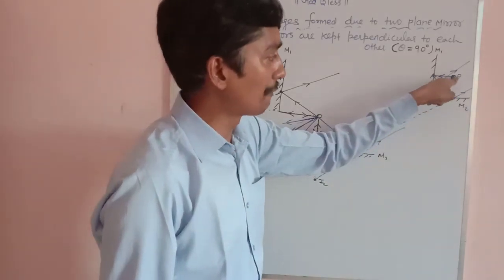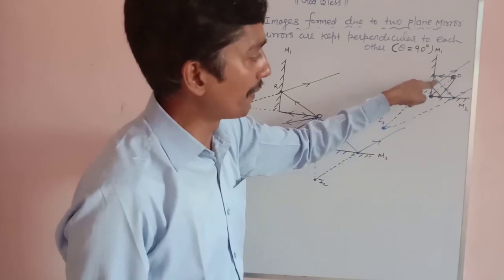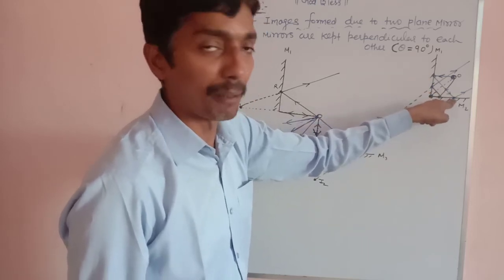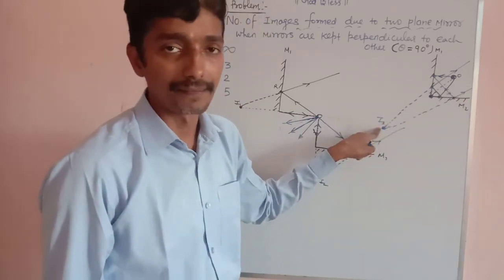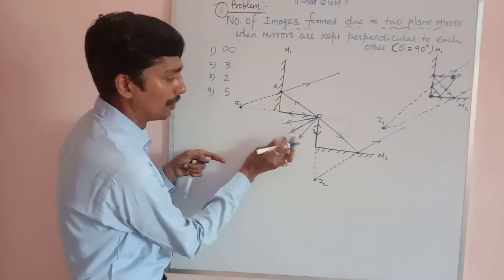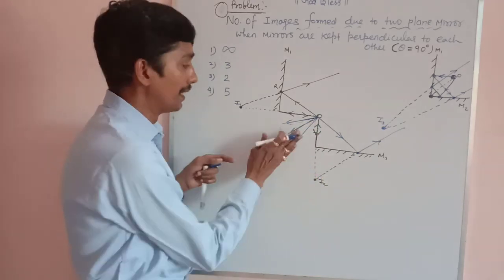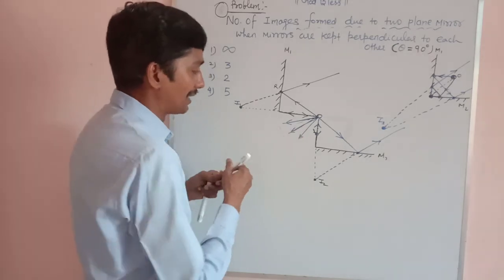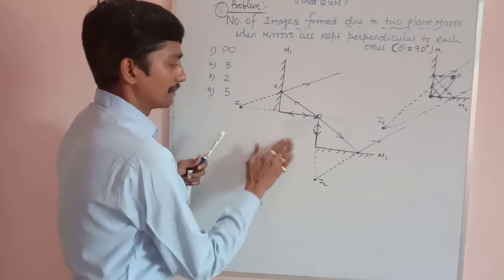Similarly, another ray from point object O fall on M1, reflected from M1, reach on M2, again from M2 it reflected and produced at the back, meeting at I3. But here, even the light will come from point object O, there is no mirror where it will fall and reflection takes place. So ultimately, what is the answer here? This is not possible in this case.